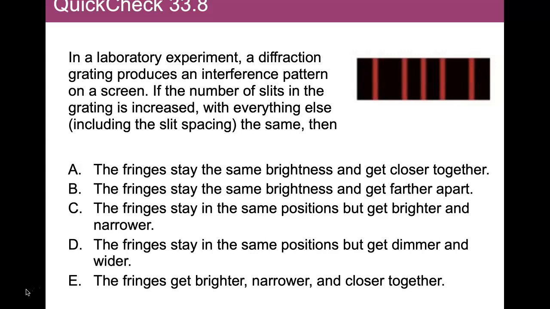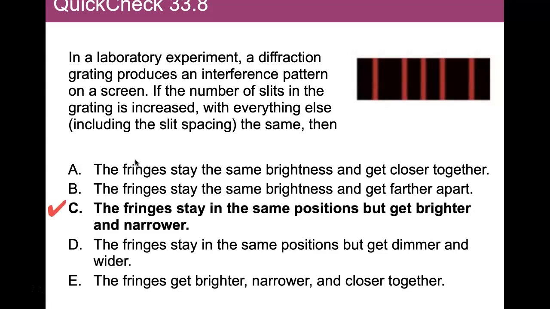In the same way that we found the intensity as a function of y for the double slit, and it had this cosine squared, one can find the intensity as a function of y for a more complicated case with, let's say, 100 slits, and the pattern that emerges is that as they become more bright, they also get narrower and much sharper. All right, so yeah, C is the correct answer.